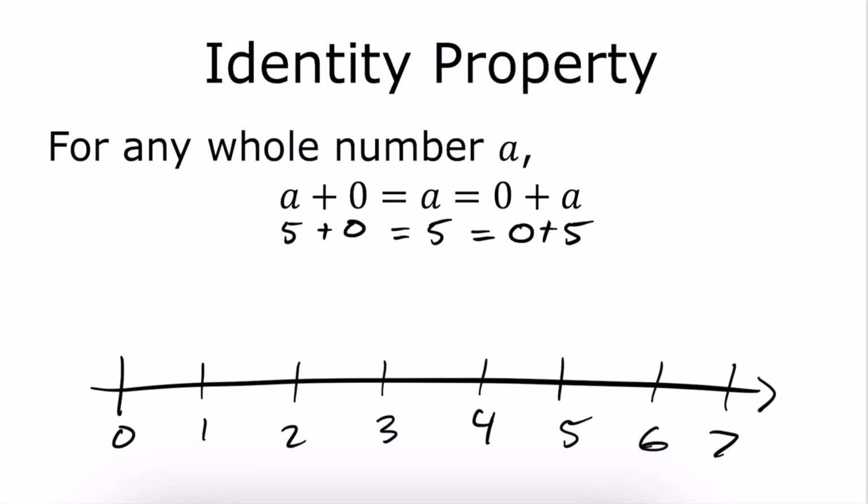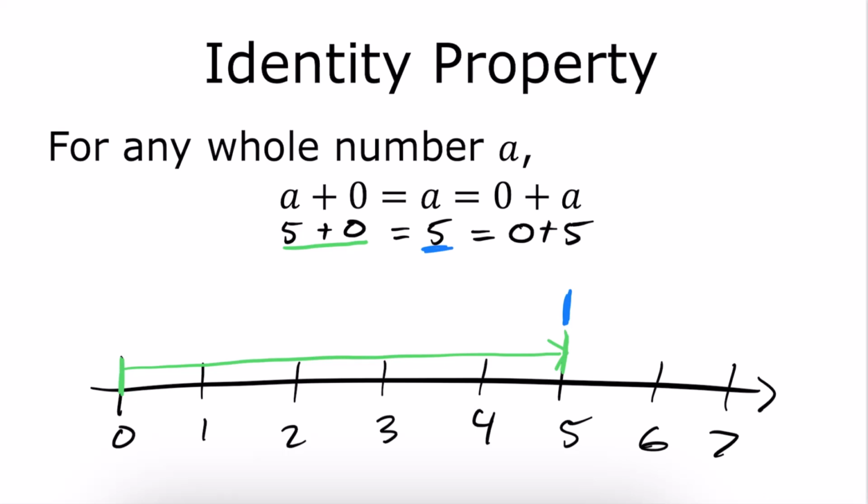So if I wanted to model this, 5 plus 0, I would basically start at the number 5, and then I would go forward 0 units, which means I'm just going to stay at 5. If I wanted to graph the number 5 for this part, well, that's just the number 5. So again, I end up in that same spot.